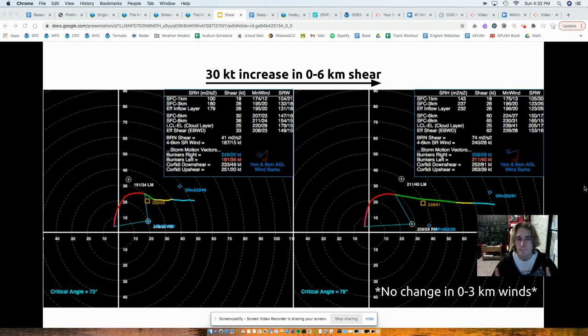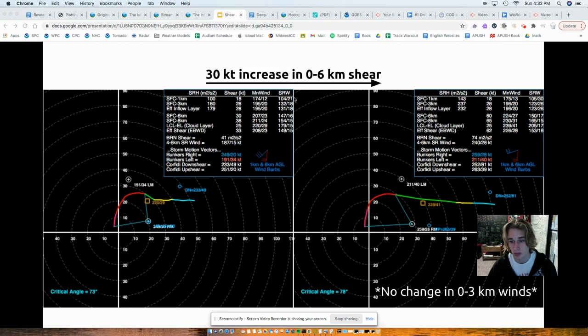And everything that I'm going to be talking about here is because of the change in the storm motion that was brought about by this 0 to 6 kilometer shear increase. So we see our surface to 1 kilometer SRH was initially at 100 units, but after that 0 to 6 kilometer shear increase, it goes up to 143 units.